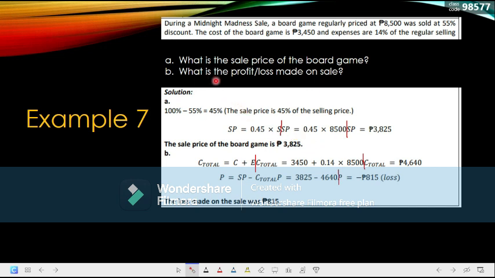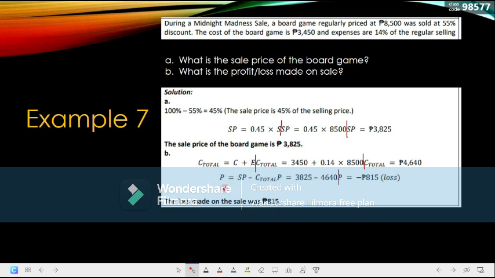Letter B. What is the profit or loss made on sale? For us to know the profit or loss, the sale price of the board game again is 3,825.